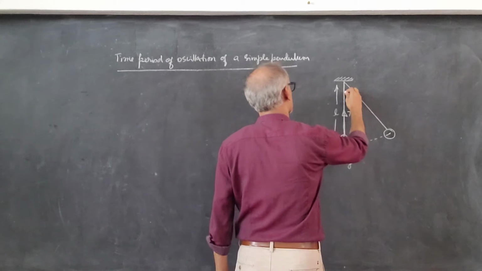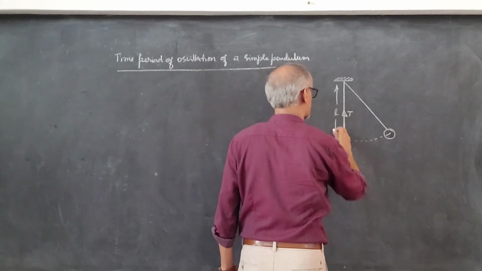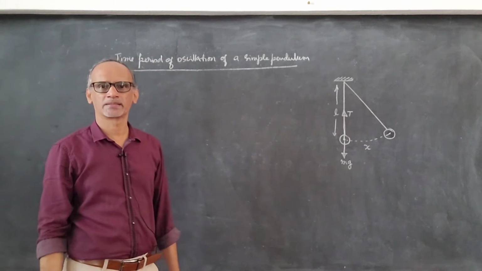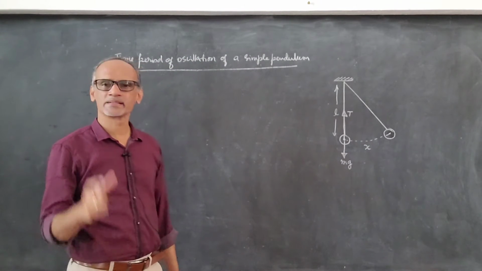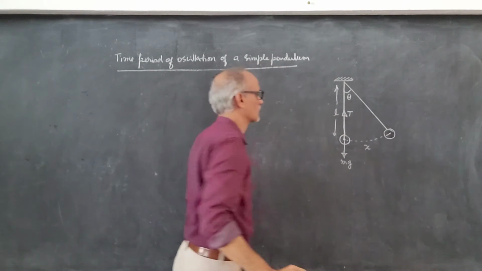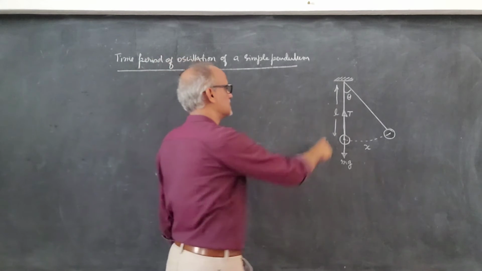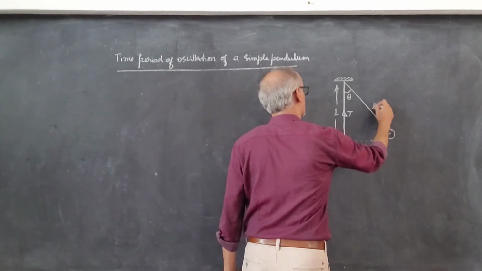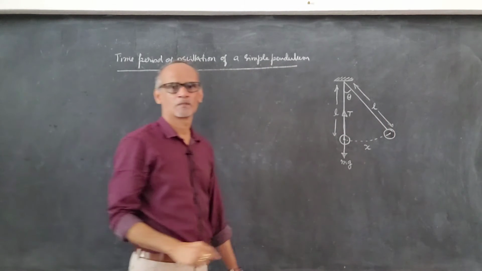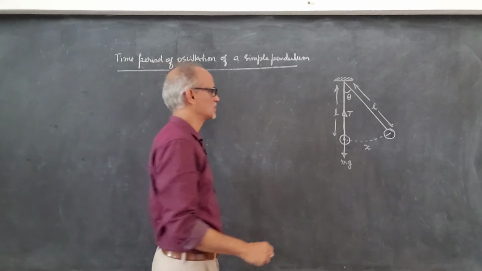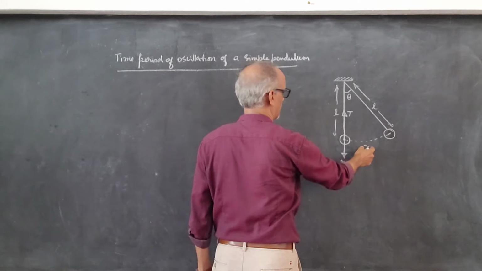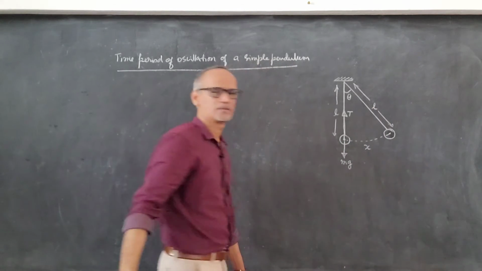So when displaced, let it be displaced through a distance x, and that x is very small, so that this theta becomes very small, and L is the length, which is still here. So we can find the relation between theta, x, and L.